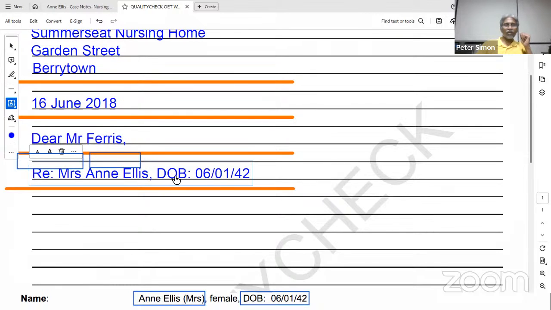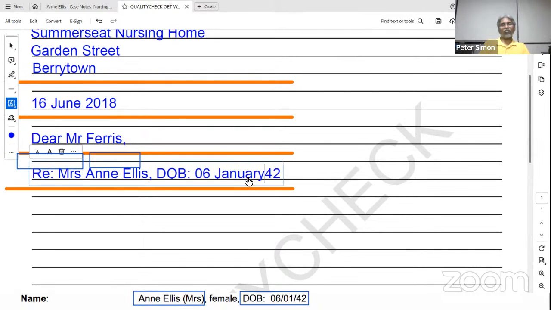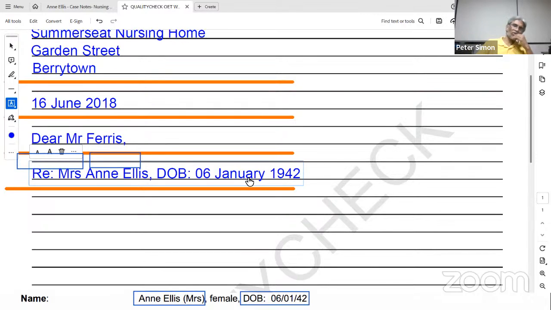How are you supposed to write? Date of birth, 6, date, write it like that. And these slashes, full stops, dots, remove, no need. This 1 is there, so you can write it as January. Don't write 1. You have to write January. So regarding Mrs. Annie Ellis, date of birth, 6 January 1942. Like this you have to write.